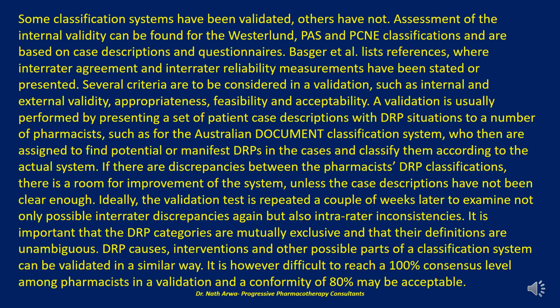It is important that the drug-related problem categories are mutually exclusive, and that the definitions are unambiguous. Drug-related problem causes, interventions and other possible parts of a classification system can be validated in a similar way. It is however difficult to reach a 100% consensus level among pharmacists in a validation, and a conformity of 80% may be acceptable.